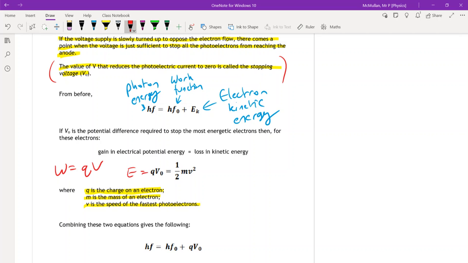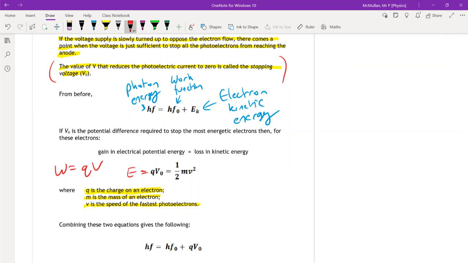So we'll just pause for a second to try and visualize this. Electrons are trying to leave the metal plate because of the incoming light, and they naturally would just do that. However, we put this in a circuit and applied a voltage in the opposite direction to keep them where they should be kept.